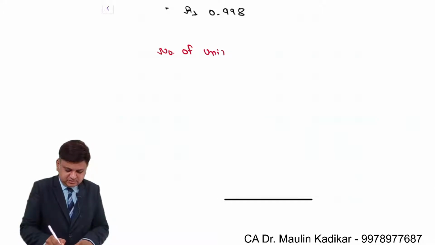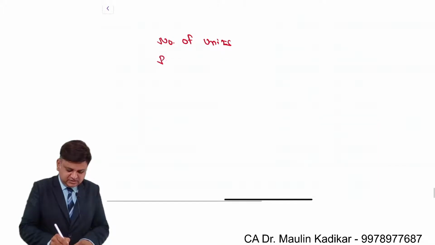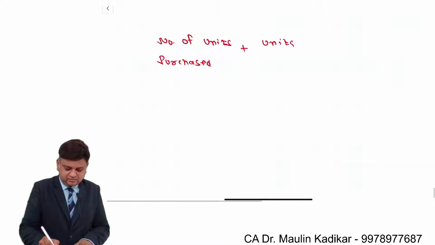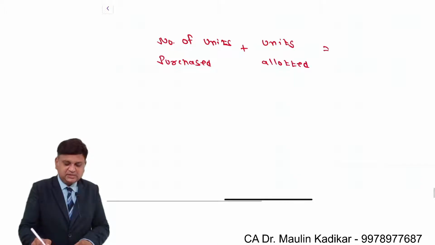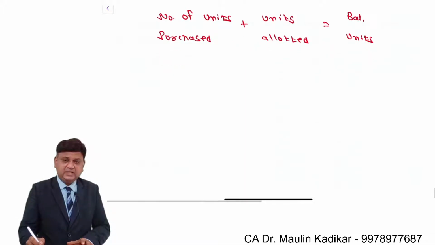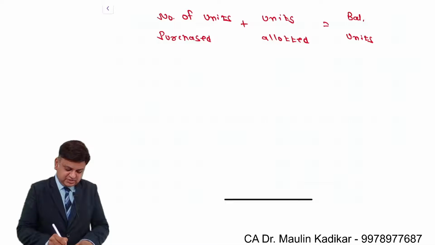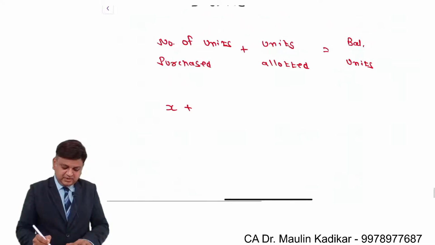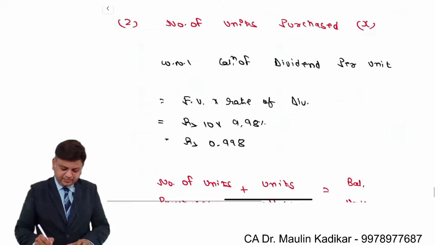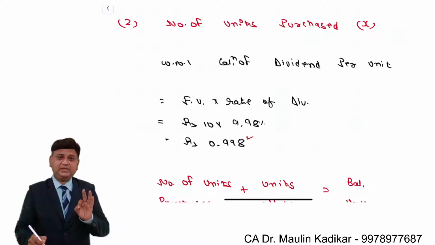Number of units purchased plus units allotted is equal to balance units. Let us assume that X number of units had been purchased. Plus, listen carefully, dividend per unit is 0.998.